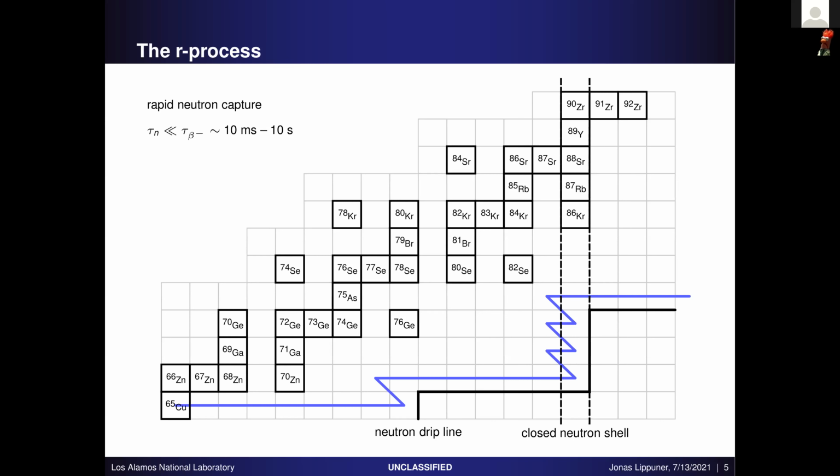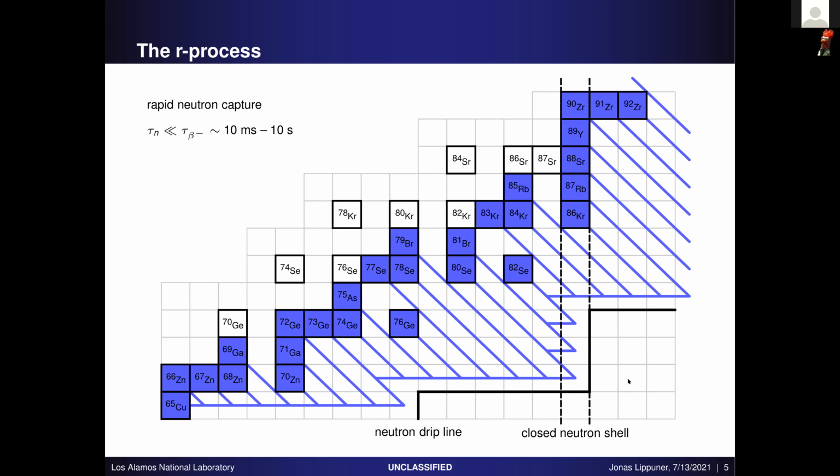And so, of course, once the neutron source shuts off, we have made these very unstable nuclides, and they're all going to decay back to stability. So we populate the valley of stability from the neutron rich side. You notice here, for example, that selenium-82, which the S process could not produce, the R process makes, but then this one shields krypton-82, which the S process can make.